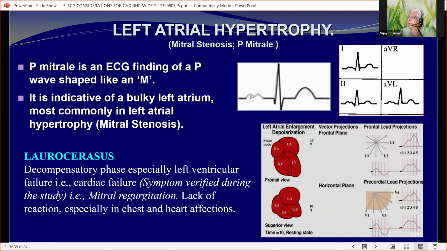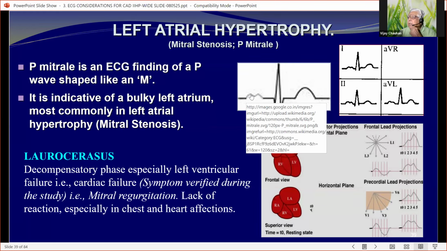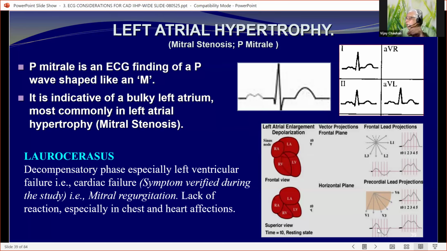This initial wave is depicting right atrial activity, and this second part is depicting left atrial activity. So at times you will find in V1 to V3, it may appear biphasic. It may appear biphasic initially when the sinus node discharges the electrical impulse, it spreads to the right atrium and it will be registered as upward positive deflection.